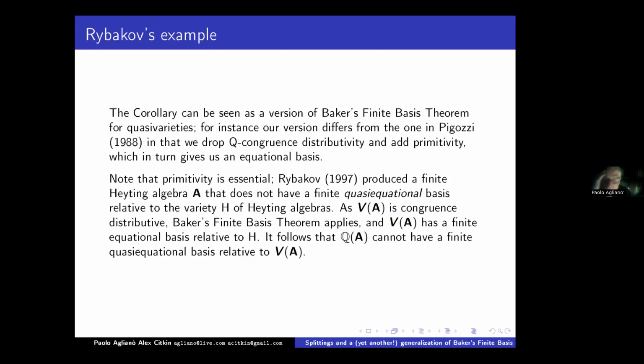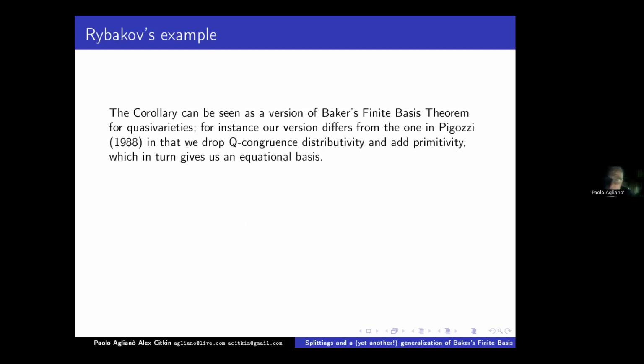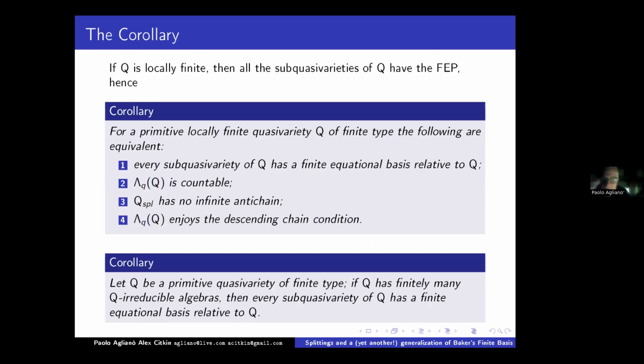Okay. Final thoughts about it. How can we use this, right? Because this clearly applies to locally finite quasi-varieties in which the lattice of sub-quasi-varieties is countable. Of course, if the variety is relative congruence distributive, there is nothing new.